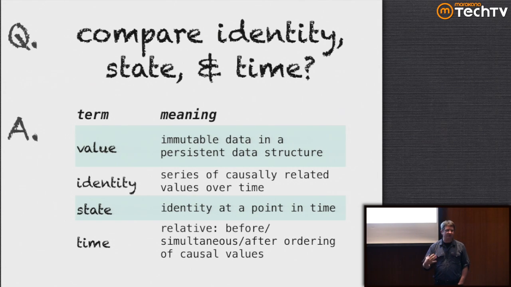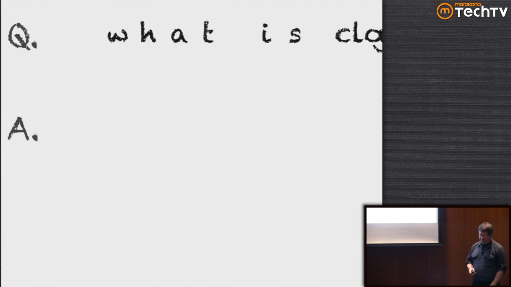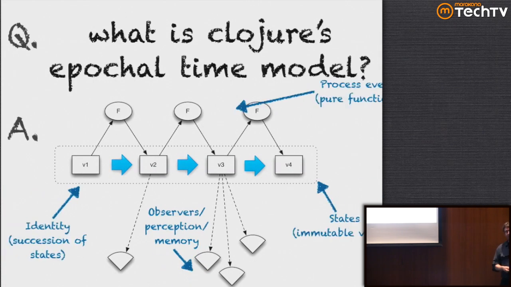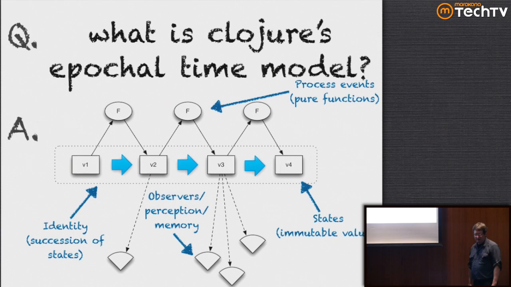We can't ignore time anymore, because if you talk about some value, it's meaningless unless you talk about when that value is applicable. Because values, identities change over time. They point to different values over time, and so you have to know the time to know what value that identity has. And that's what he's really done, is created explicit semantics around that in Clojure.